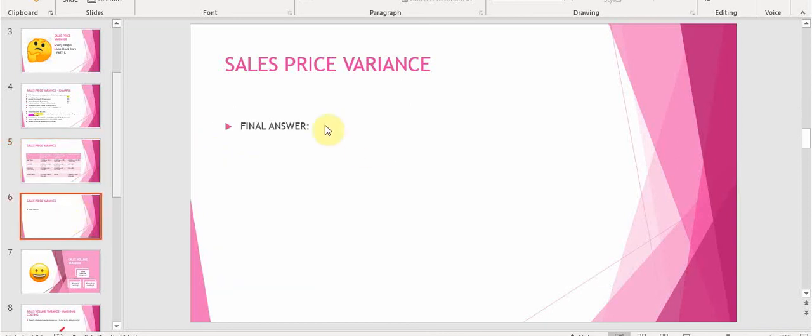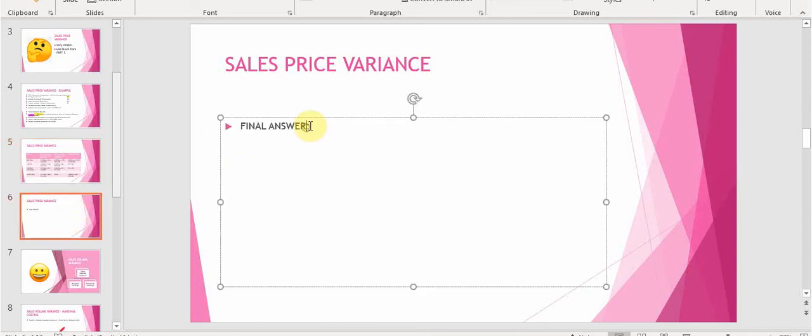So in your final answer, you are going to say sales price variance, and you are going to take the 780,000, you are going to minus the 744,000 and your answer will be 36,000 Rand favorable.